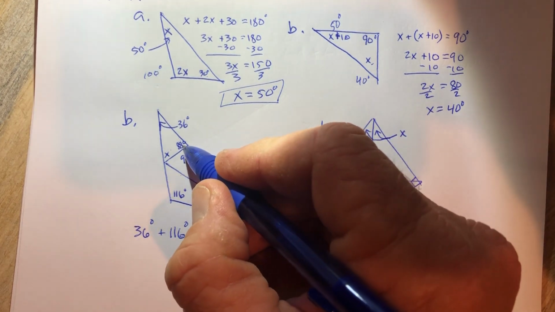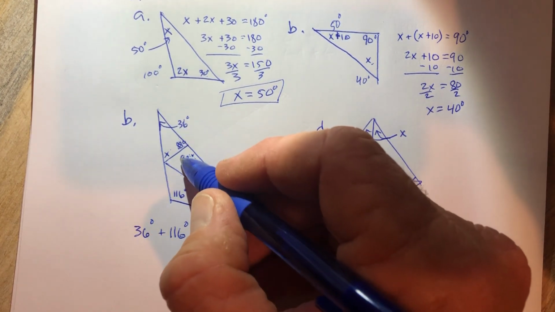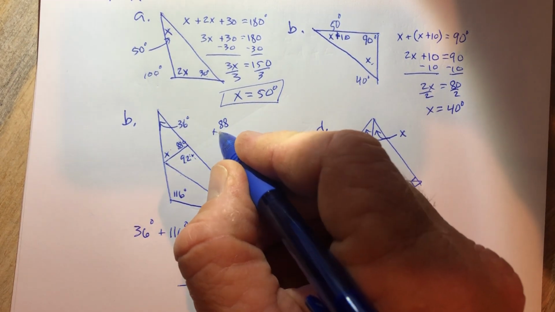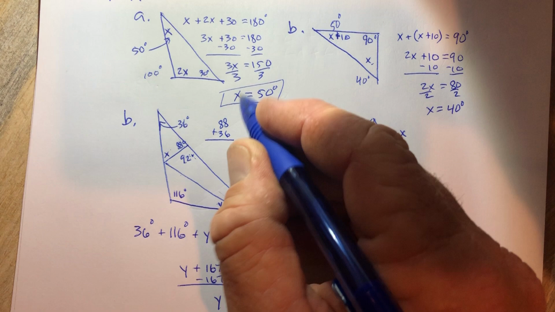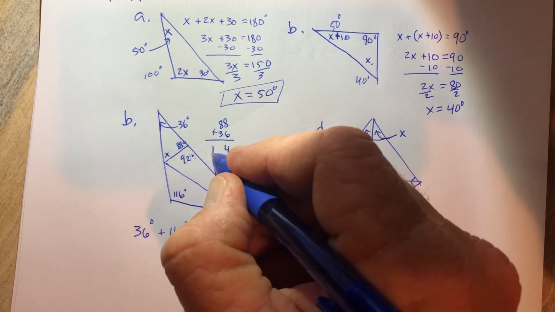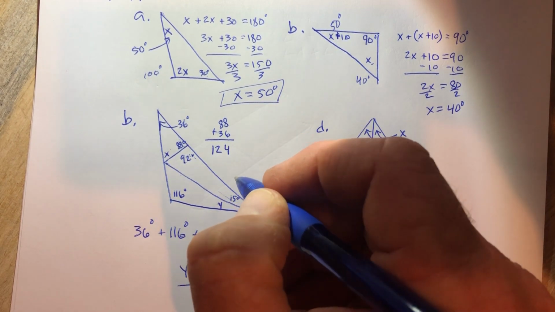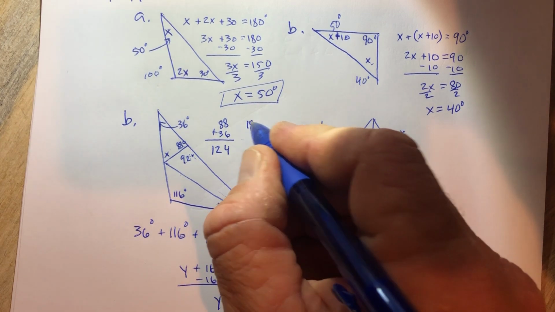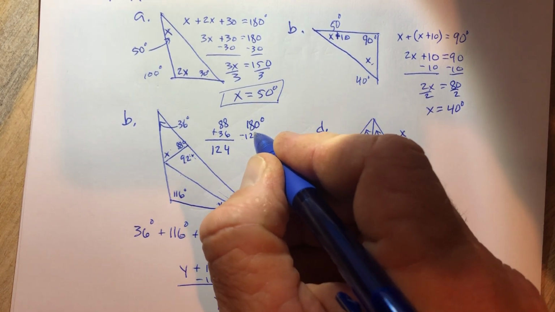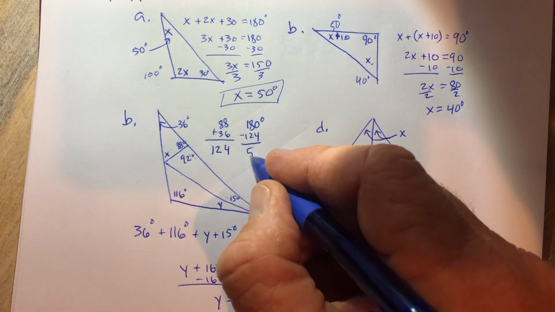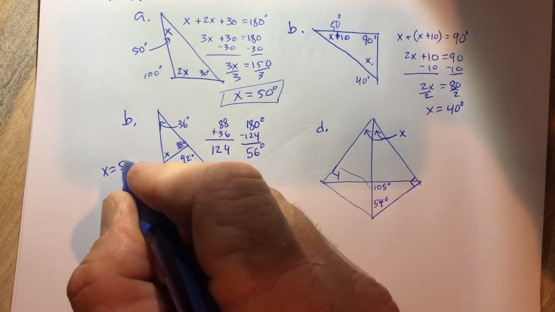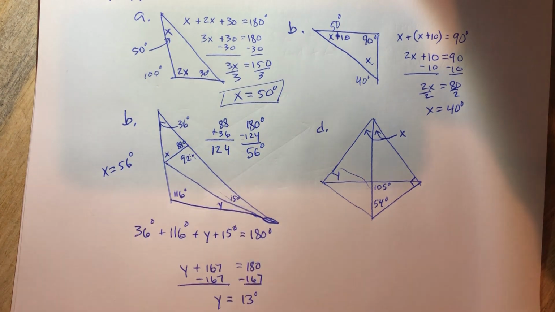Now I know that this is 88. I can add these two up and subtract from 180 to find x. So 88 plus 36 is going to give me 124. Now I can just subtract that from 180, and I will get 56 degrees. So x equals 56 degrees.